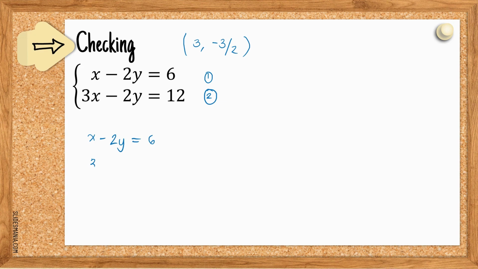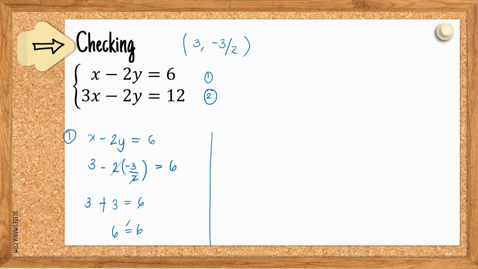Let's substitute 3 minus 2 times negative 3 over 2. Is it equal to 6? We can cancel out this and this. Negative 1 times negative 3 is positive 3. And yes, 3 plus 3 is equal to 6. Therefore, our solution is correct with our first equation.